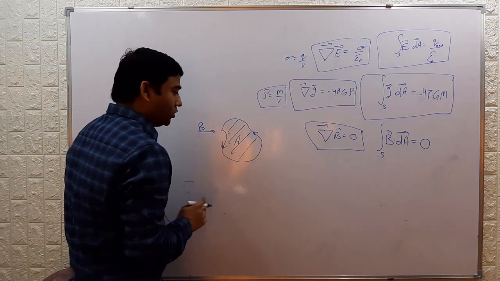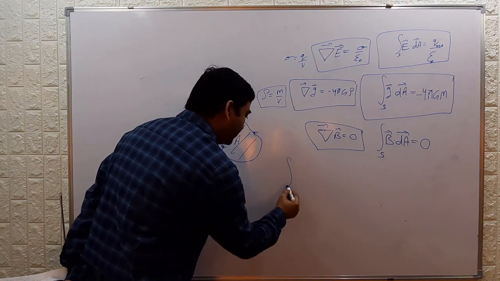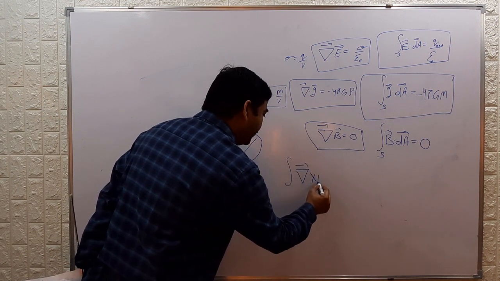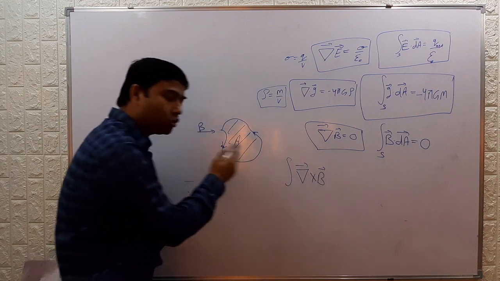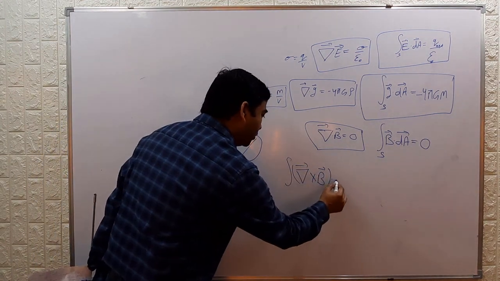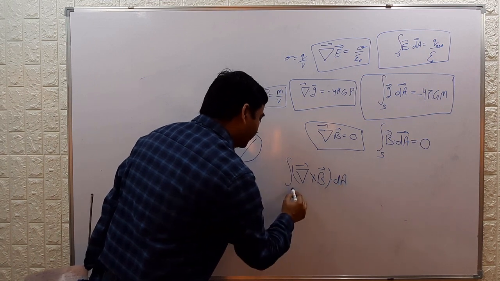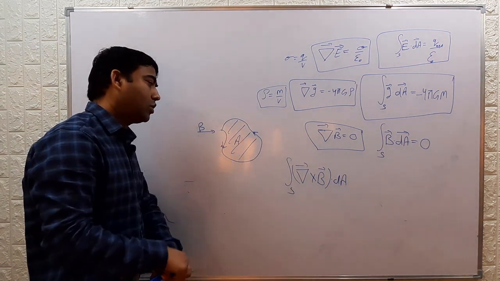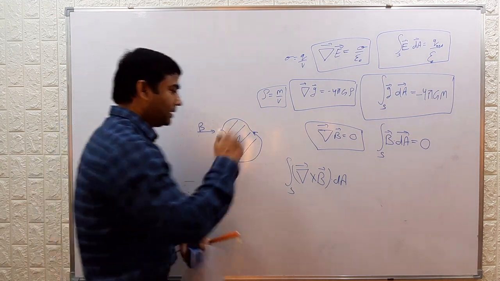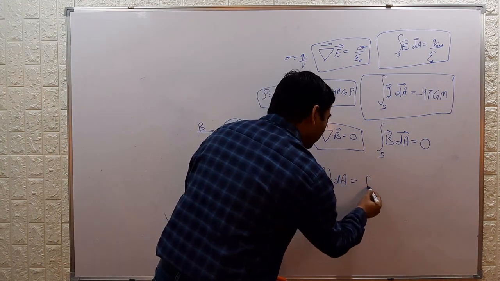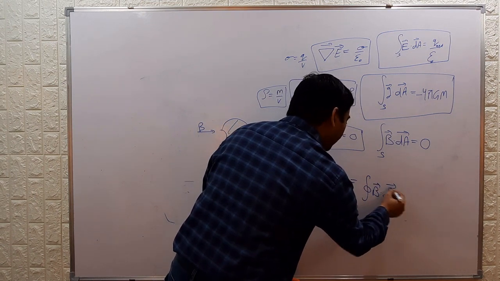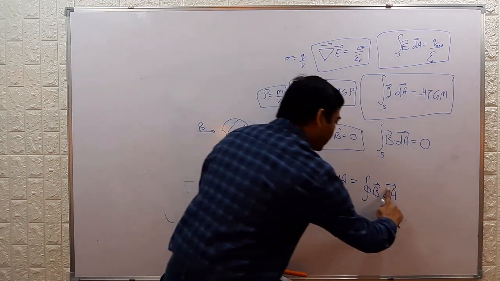By Stokes' law, we have seen that curl of any field, we are writing Stokes' law for magnetic field. Curl of any field dot dA, that is surface integration of curl of magnetic field in this surface, is equal to circulation of magnetic field dot dl.